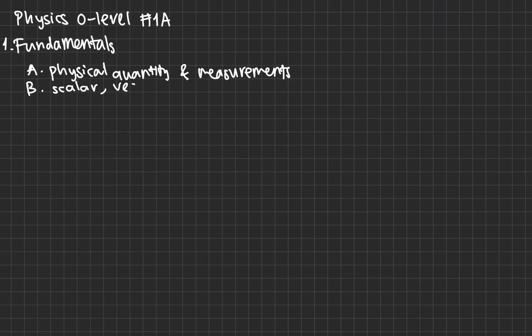The first one would be physical quantity and measurements, which is today's episode, while the second subtopic will be about scalar, vector, and vector diagrams. For today's episode, we are going to be discussing physical quantity and measurements. So, let's start.